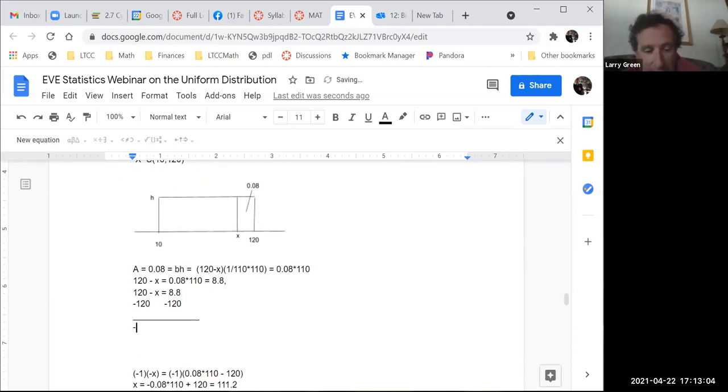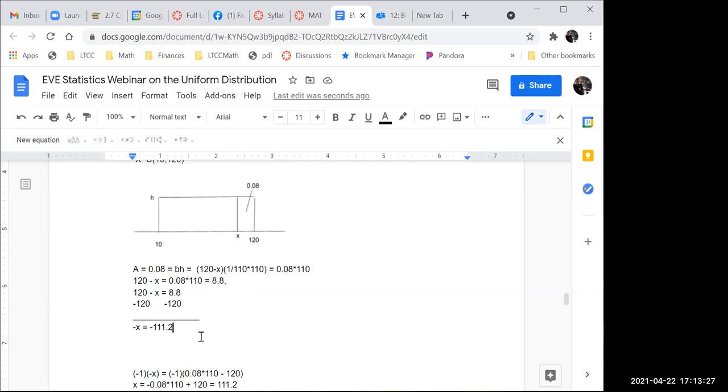And you get negative x is equal to, now 8.8 minus 120 is negative 111.2. You can use arithmetic if you want. Are you okay with that?